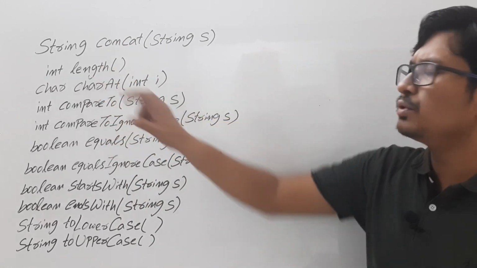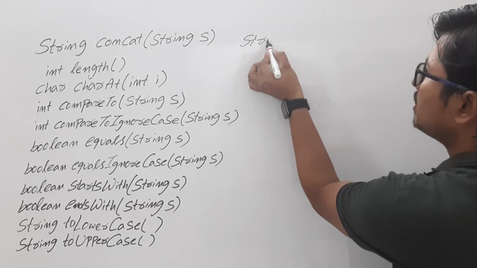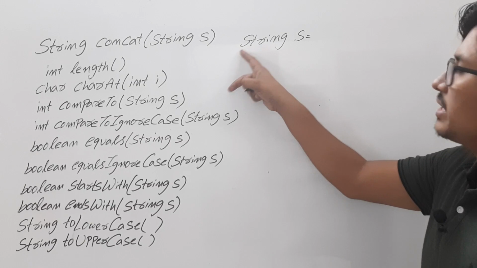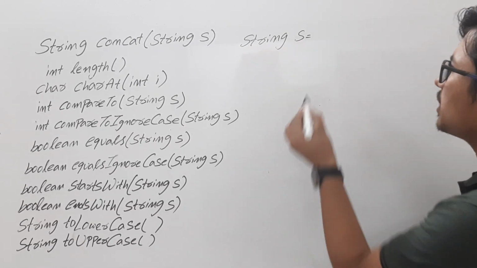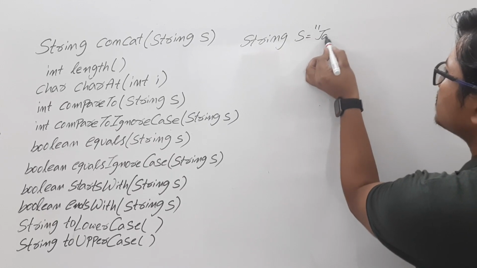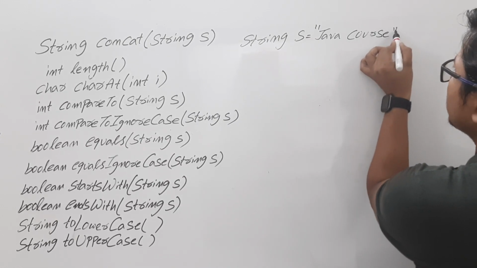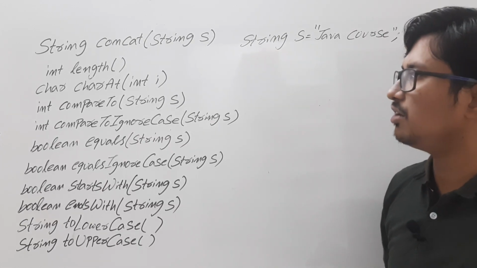Now discuss about the charAt. What I will do is that I will take a string. So I will write String where S should be capital, s is equal to, any variable name you can give. Let me give Java course. So in this variable s you have a string called Java course.